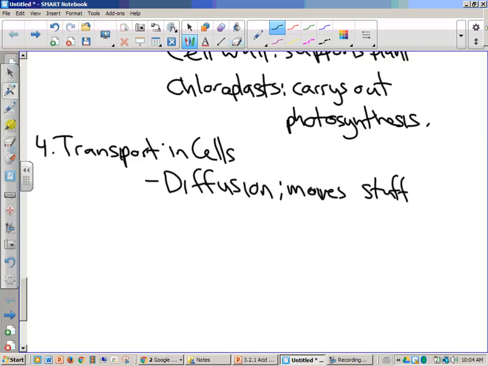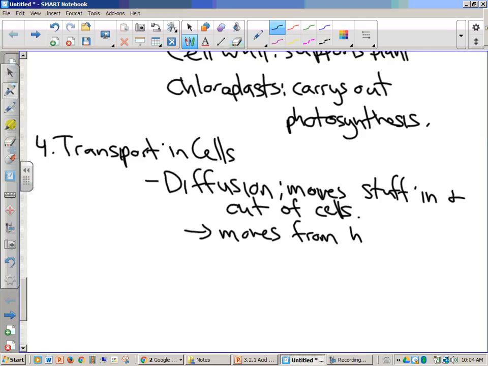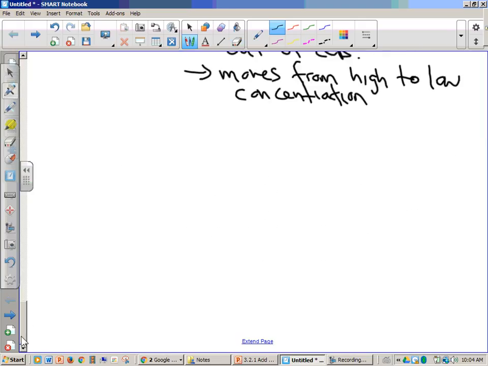I know stuff is pretty vague, but it moves stuff in and out of cells. I don't mean water, and it always moves from high to low concentration.